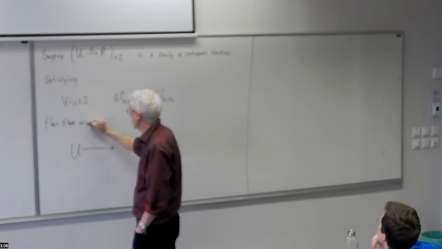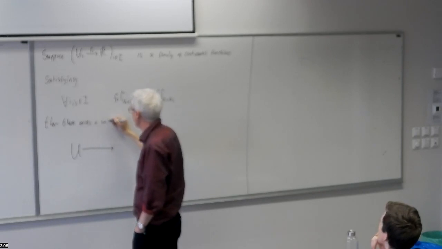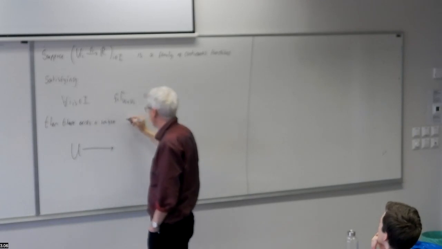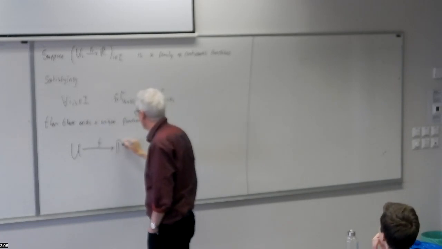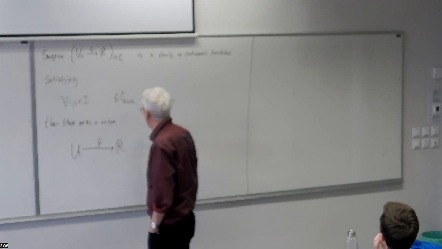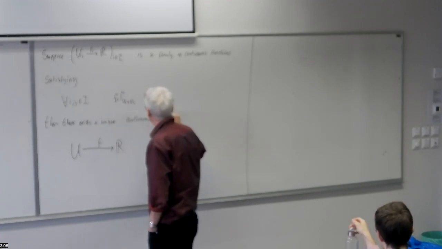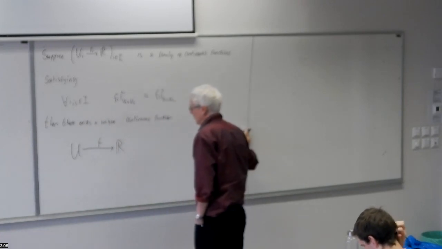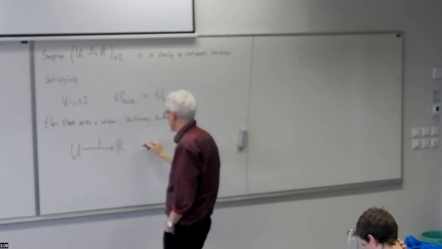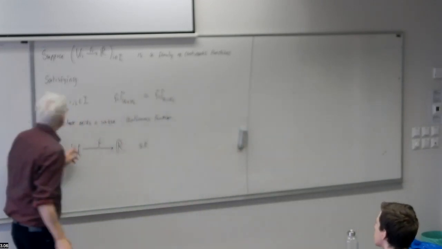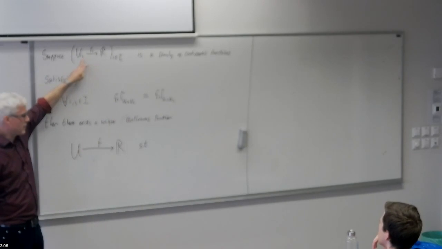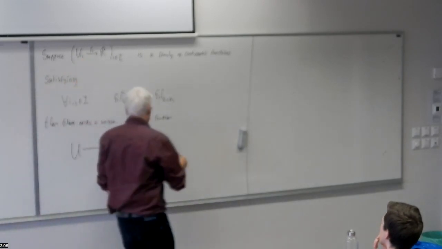There exists a unique function f from U to the reals, continuous function, that's important, such that this function agrees with f_i whenever we restrict it to U_i.